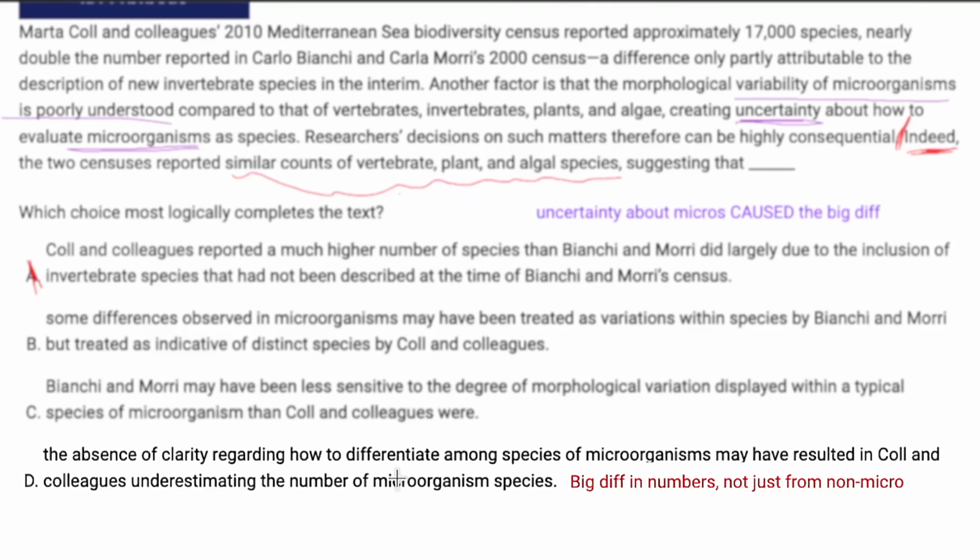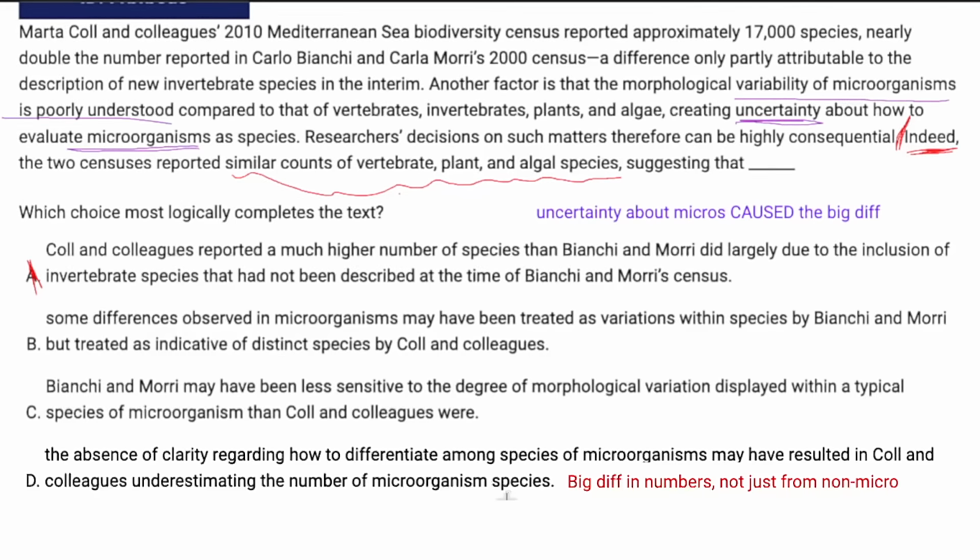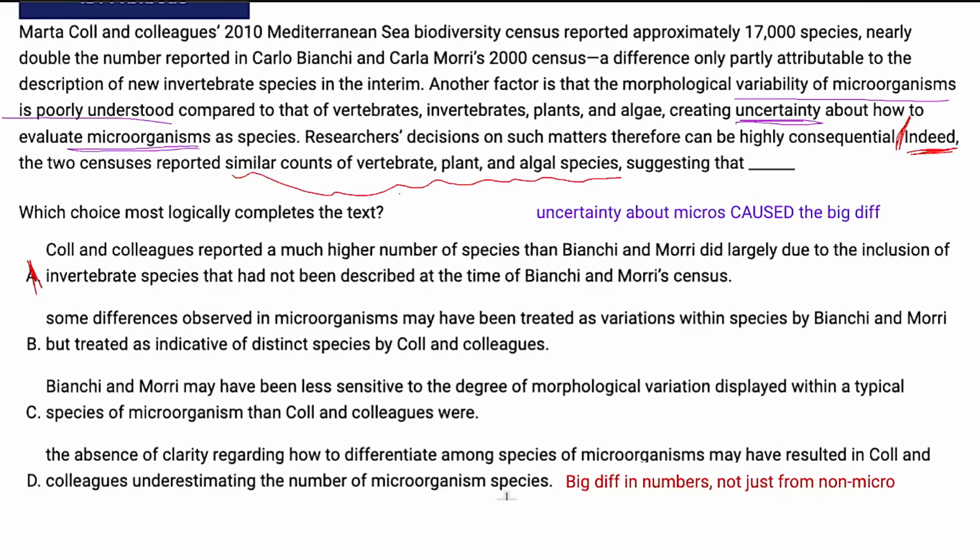D: the absence of clarity regarding how to differentiate among species of micros may have resulted from these guys underestimating the number of micros. Okay, that one does mention the micros that I'm looking for, but this is why it's tricky. It says absence of clarity, which totally lines up with uncertainty, but it's saying these guys underestimated, like they actually made a mistake.